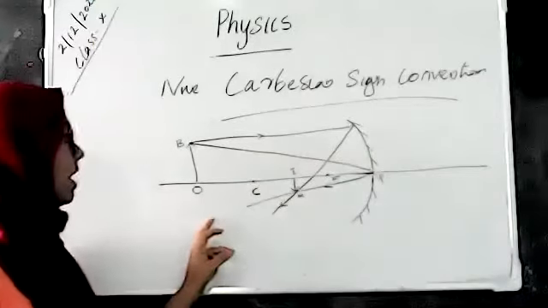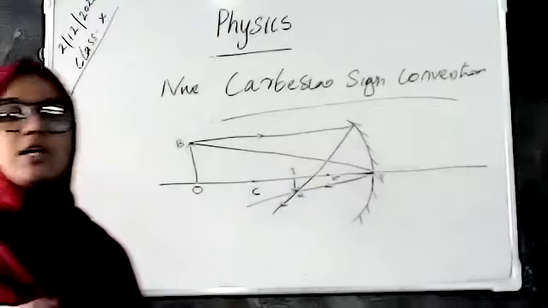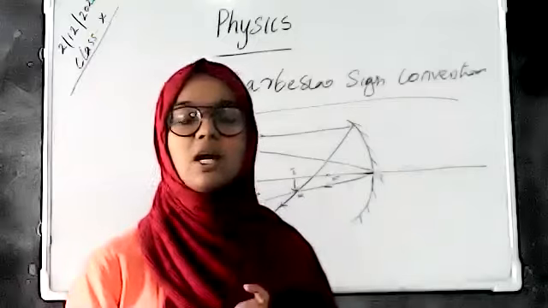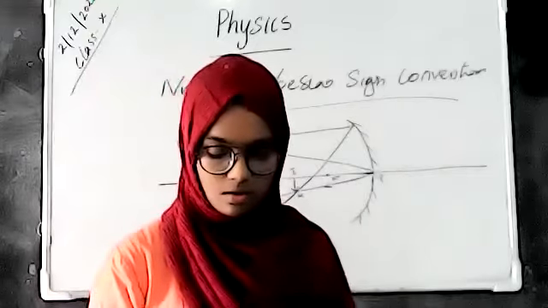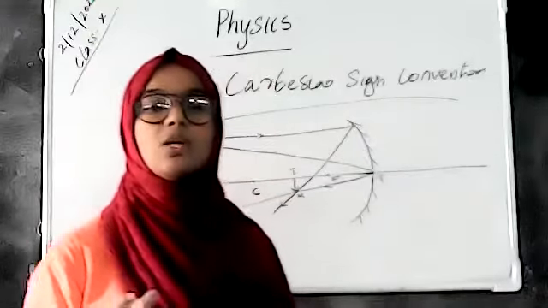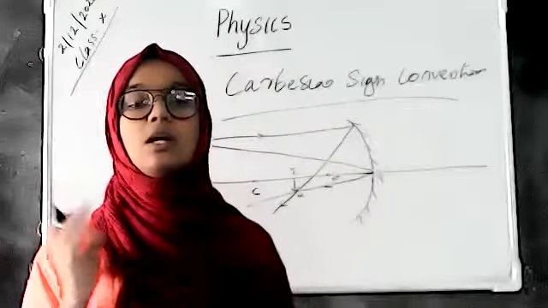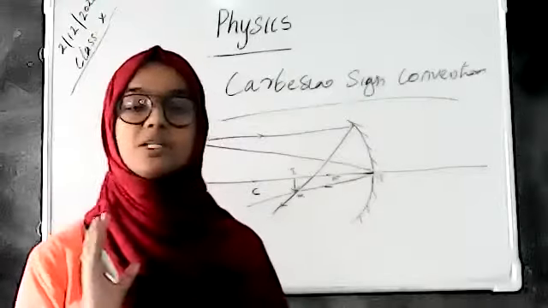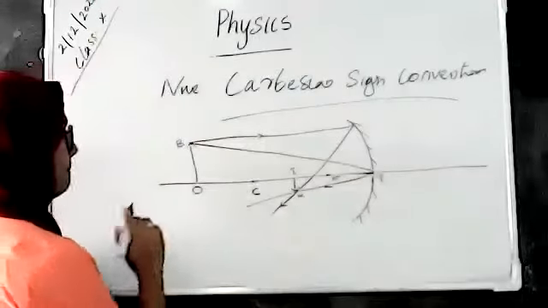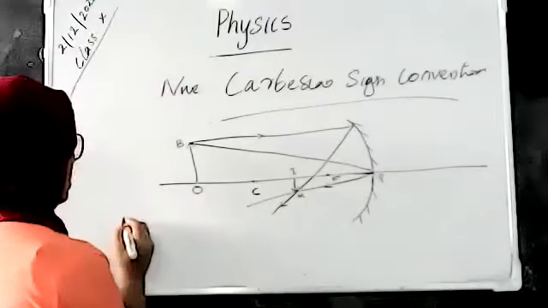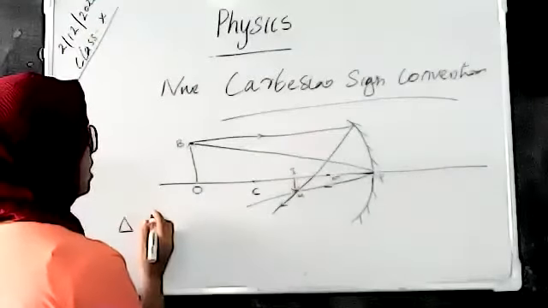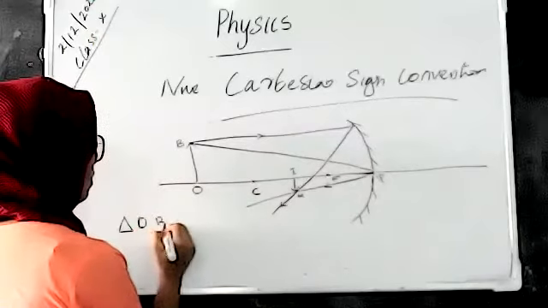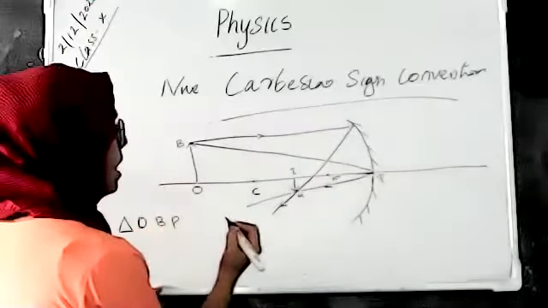Okay. And from here we want to find out what the magnification is and how the magnification depends on the distance between the image, object and the mirror. To find this out, we have to consider two triangles, OBP and IMP.